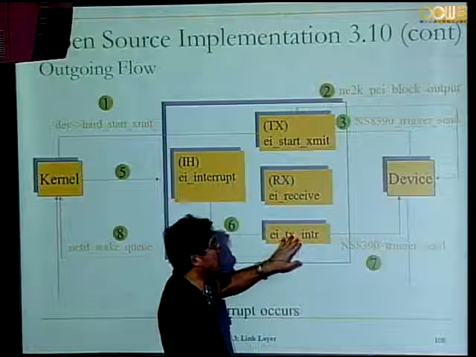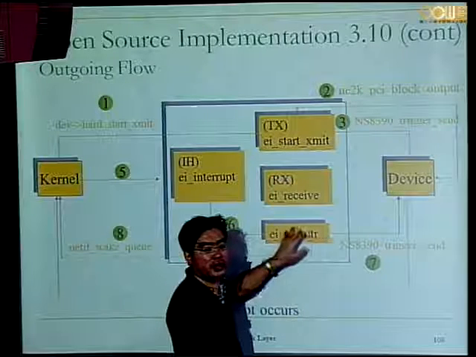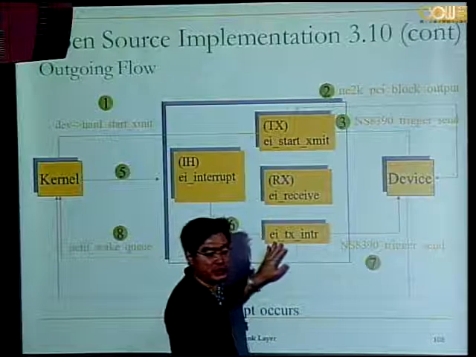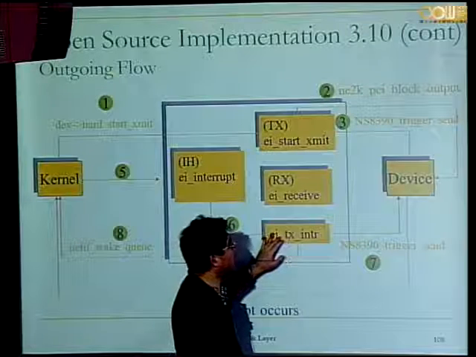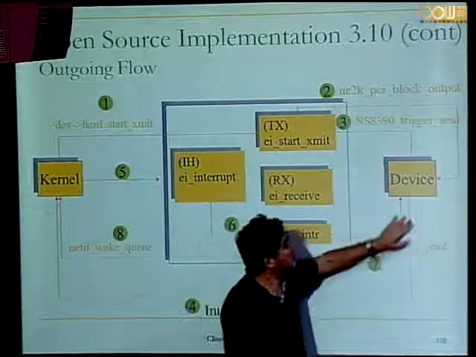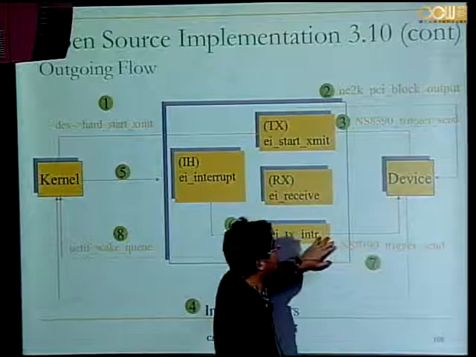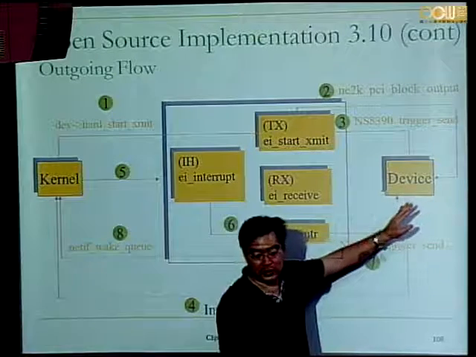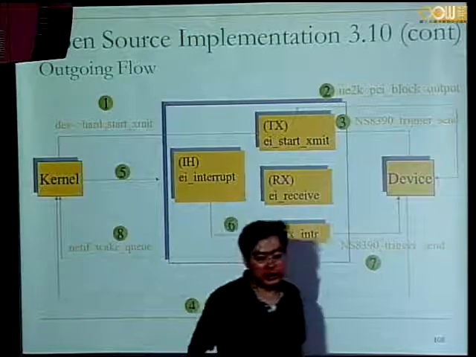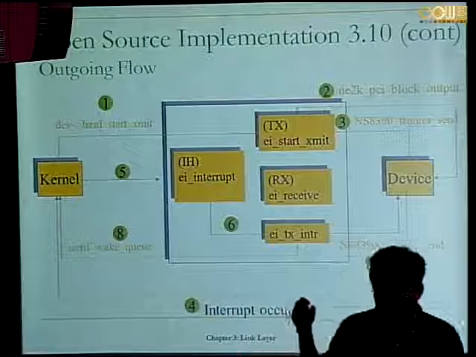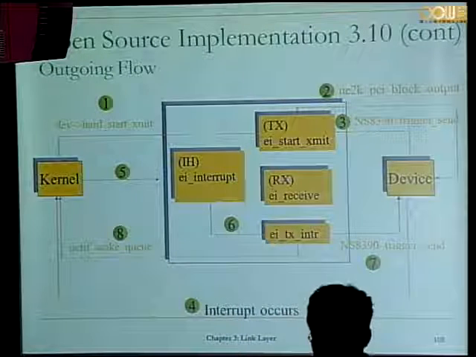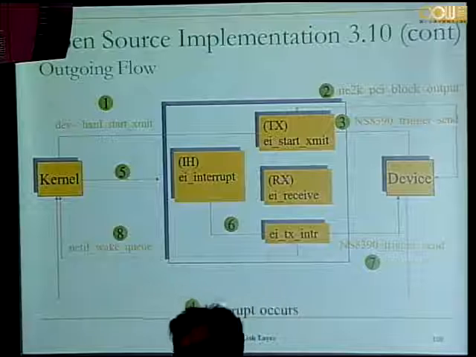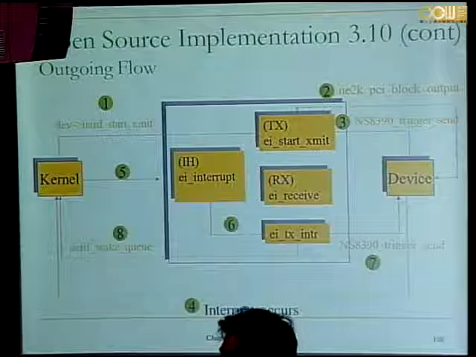And then it would check whether there are more frames to send. If there are more frames to send, I issue the command to send the next frame. So in the sense that I ask the device to move the frame and also transmit the frame.